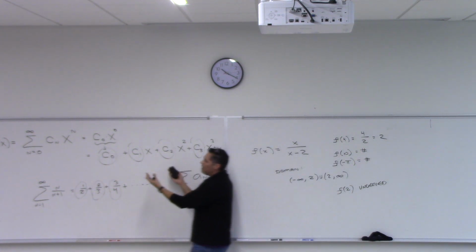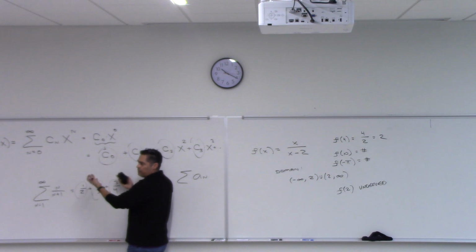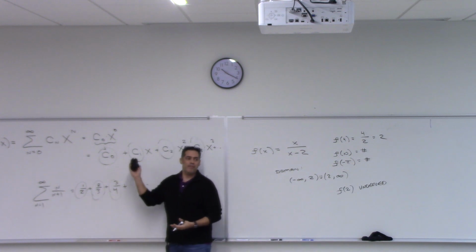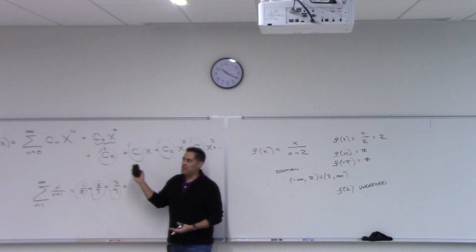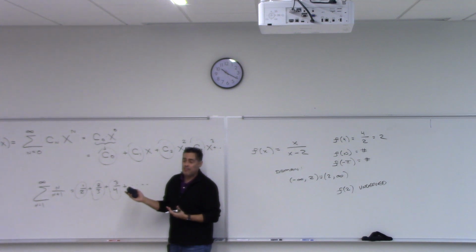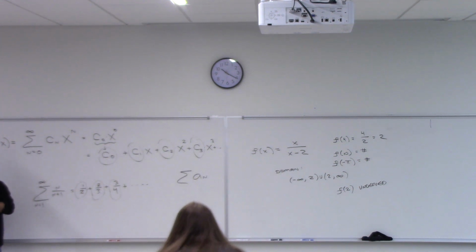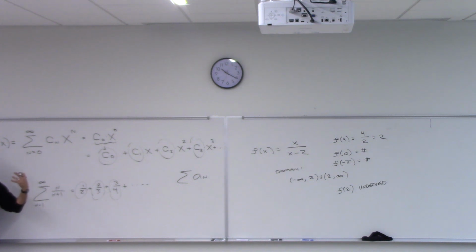This thing would only make sense if the x we plug in gives us convergence. Therefore, the domain of this is all the values of x which make this converge. And so that's our goal: to look at a power series as a function and then to find its domain. In other words, find the values of x which make it converge.